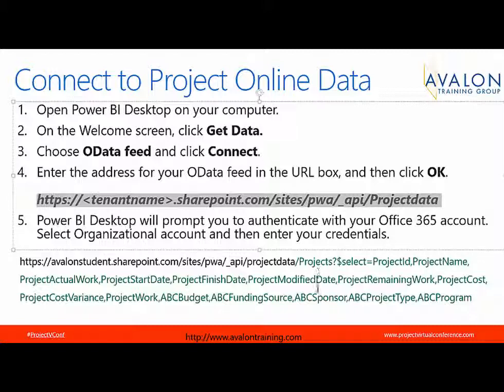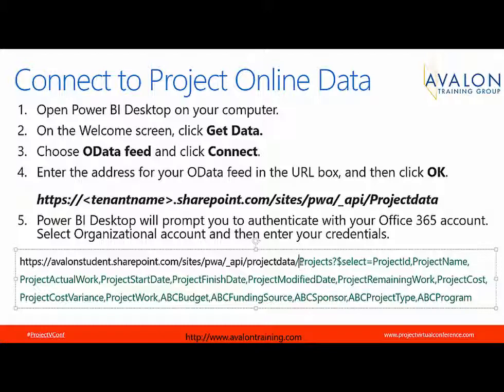PWA_API project data. Now I'm going to include an additional statement that identifies from the projects table, I'd like to select the following fields: project ID, project name, project actual work, project start date, finish date, last modified date, some work fields, cost fields, and then some custom fields.